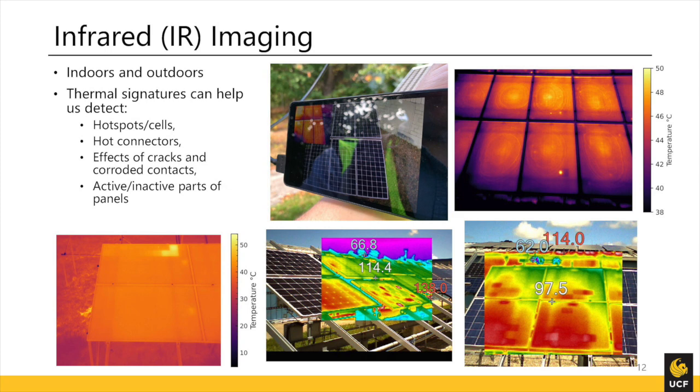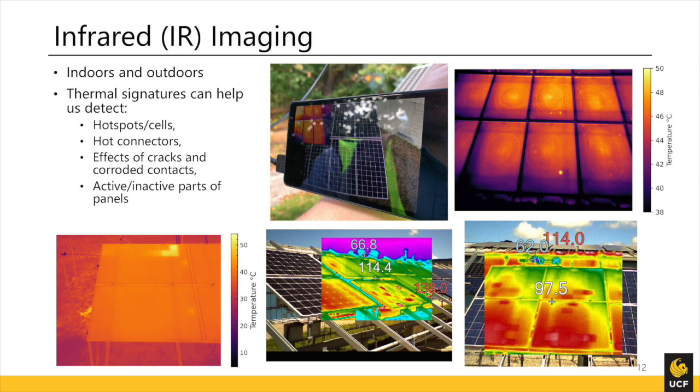Most of the images that you'll see are where you're looking at the front of the panels, but you can also look at the back of the panels. That's actually a pretty common technique too. But also IR imaging in the field is used to look at the power electronics too. If you've got an inverter that's extracting that power for the grid, your home, whatever, you can see what components might be too hot.